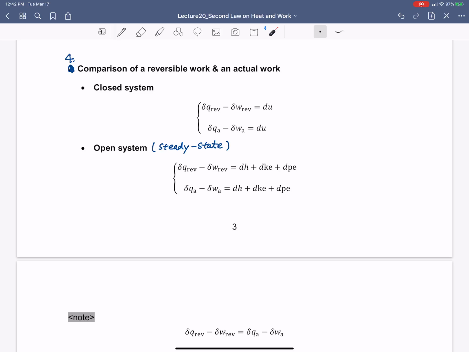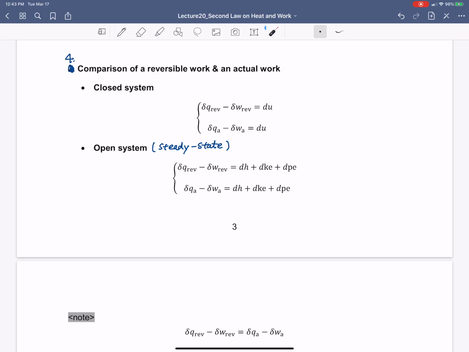Now, let's take a look at both equations for the closed system and open system. What is clearly seen in common is that no matter what process we choose, we might have a different amount of heat transfer and work transfer, whether you choose the actual process or the reversible process, but that subtraction between the heat and work still gives us the same change of the internal energy. Well, that is for the closed system.